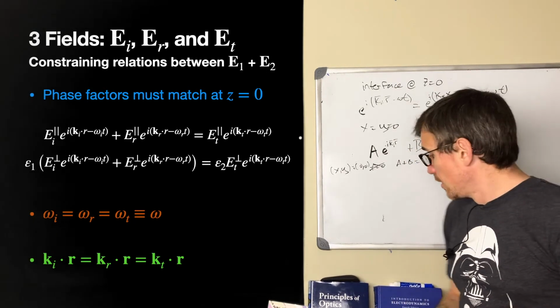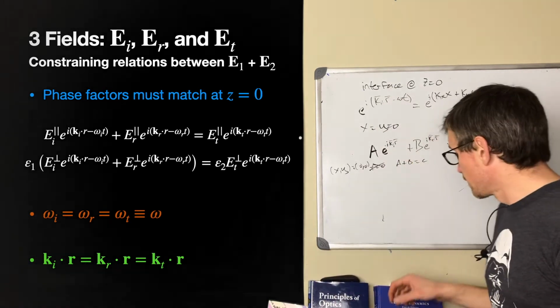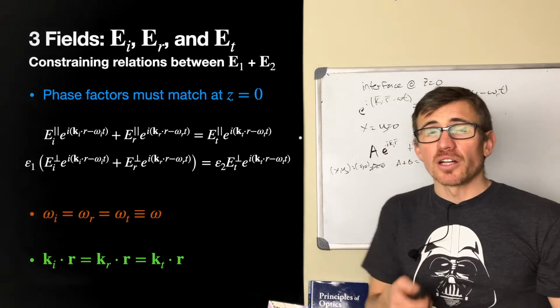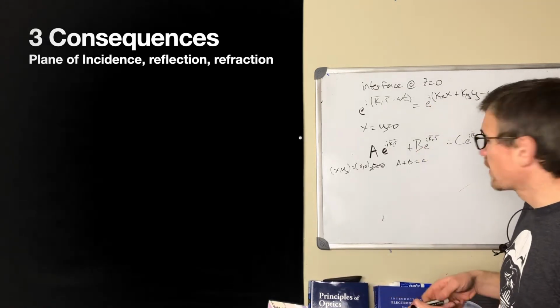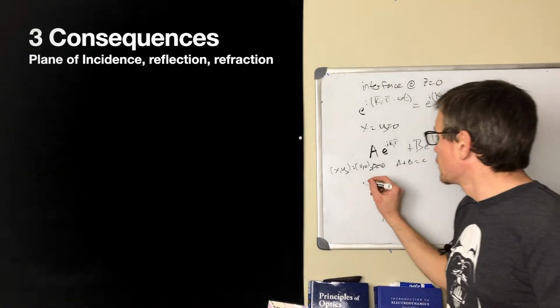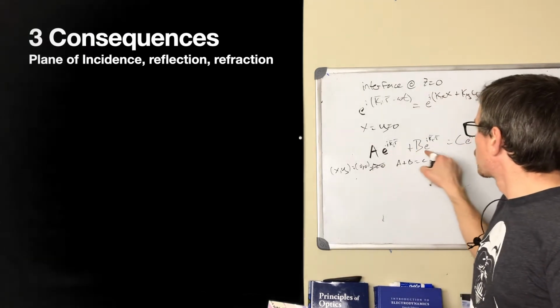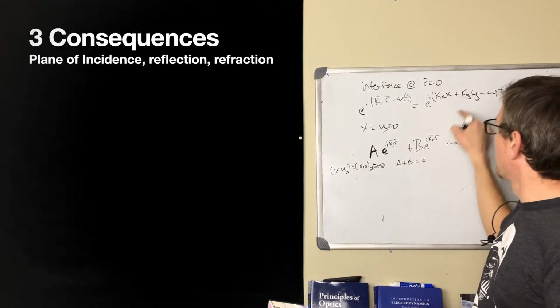Okay? So let's think about some consequences of this. What are the consequences of this fact? The first consequence comes from the fact that, if we actually write this out, let's just say this is true, and look at what k_x and x are.